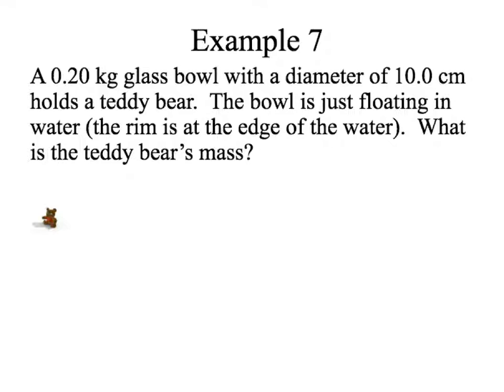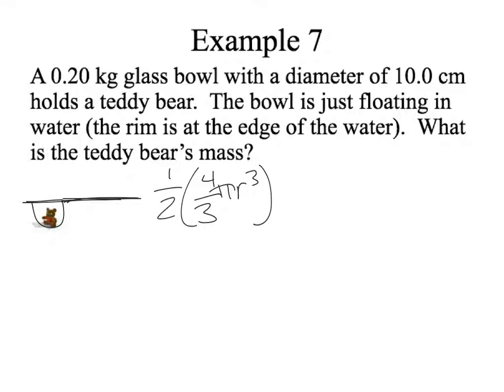So kind of going back to this whole idea of buoyant force again, we have a teddy bear in a glass bowl, don't ask why, and this is the water level. It's just floating level with the water. We'll go ahead and say that the teddy bear is like in a bowl that is like a sphere, so we'll do half of a sphere.